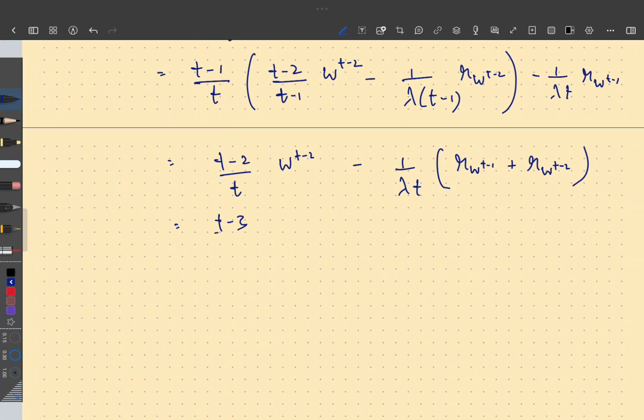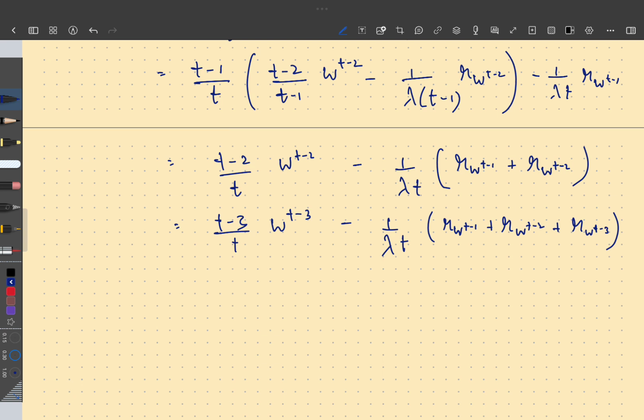This is (t-3)/t w_{t-3} minus 1 over lambda t times r(w_{t-1}) plus r(w_{t-2}) plus r(w_{t-3}). This I can go on and on until I get w_0, right?